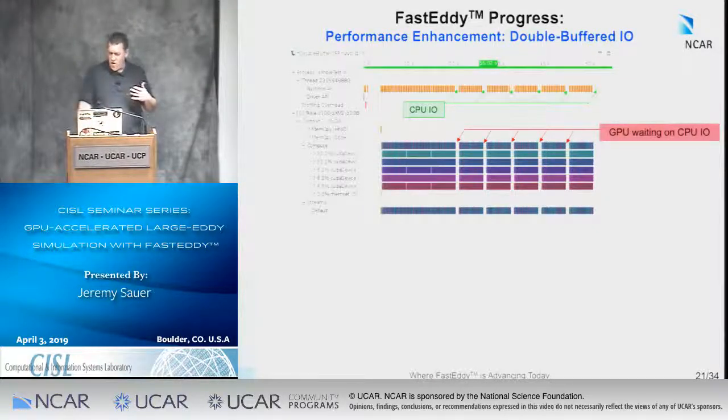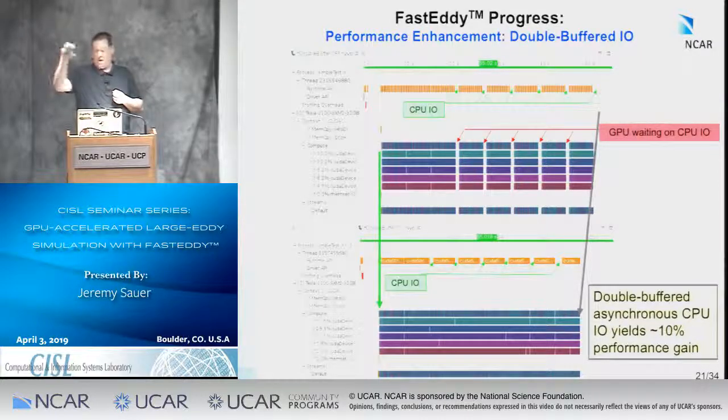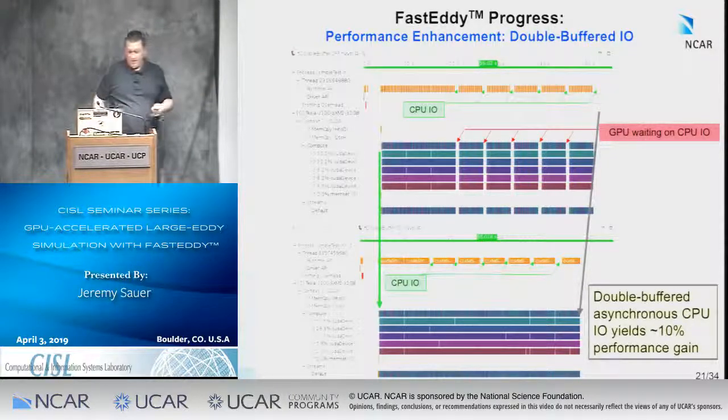And so with this double buffered I/O approach, we basically say, GPU, throw your results into some memory block up in the CPU's memory space, and then just keep on running, keep on computing, because you already have the state information. You can just continue with the simulation. And so what we see is that each of those gaps can now collapse because the CPU is concurrently writing to disk while the GPU continues its simulation.